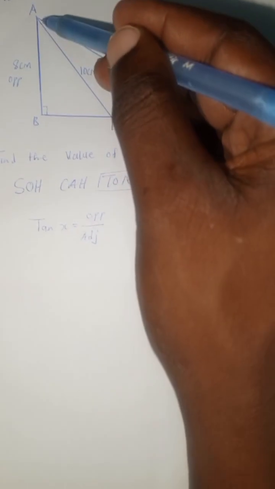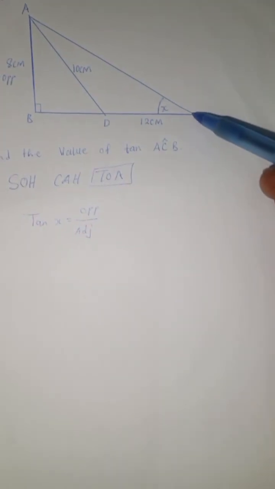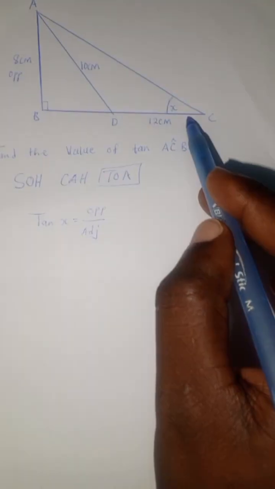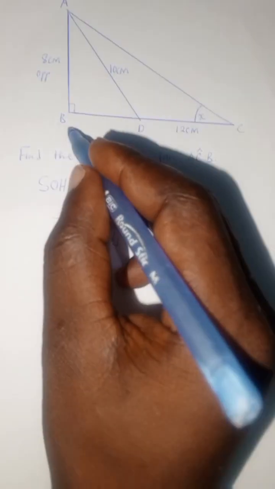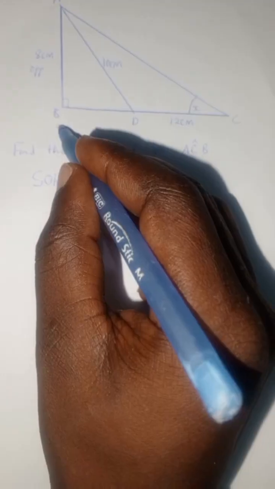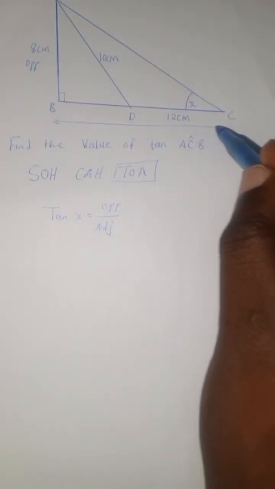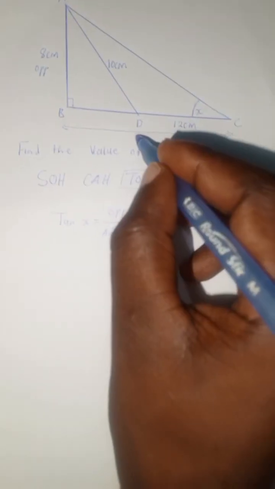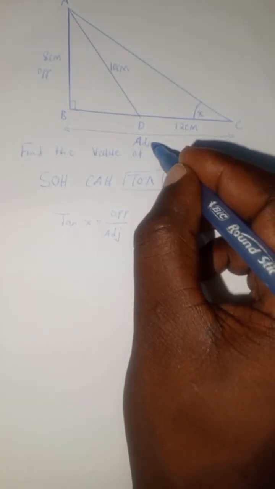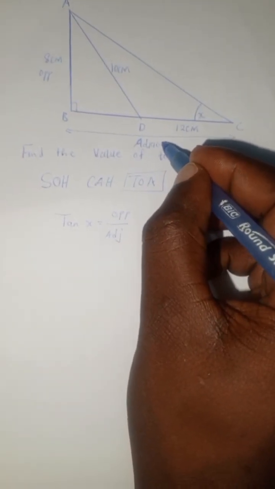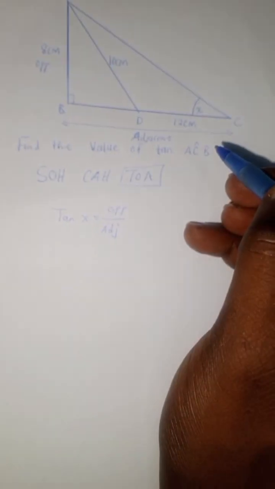So if this right here is the hypotenuse, that makes BC the adjacent. All the way from here up to right there, this is the adjacent.